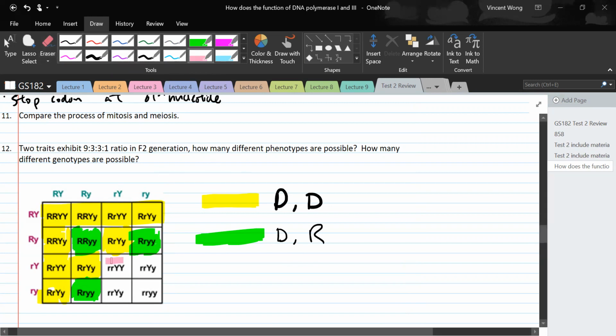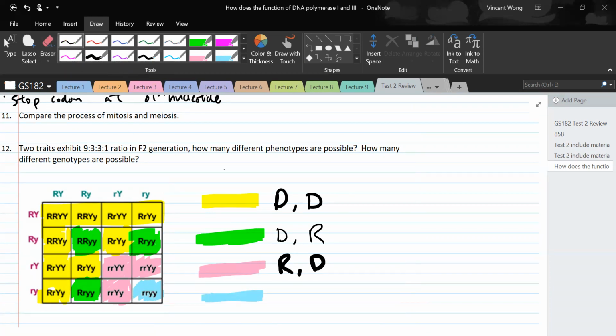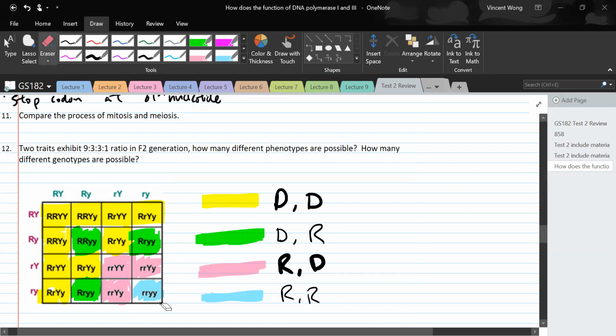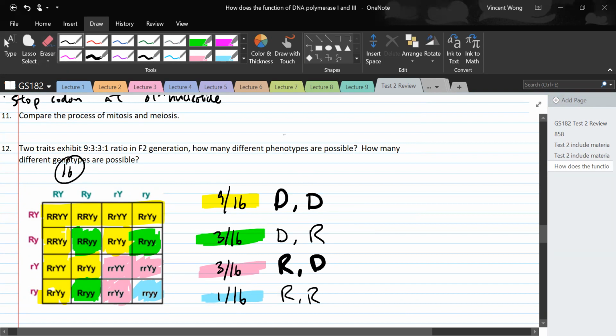Then this one is recessive for the first trait and dominant for the second, like wrinkled and yellow. And over here we have recessive and recessive for both traits, so wrinkled and green. So that creates the 9 out of 16, 3 out of 16, 3 out of 16, and 1 out of 16. There are 16 different genotypes, but only 4 phenotypes.